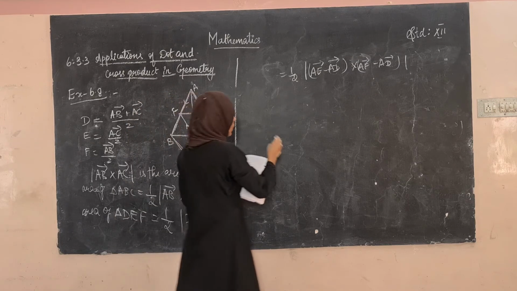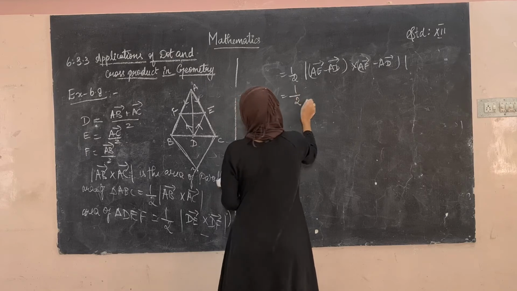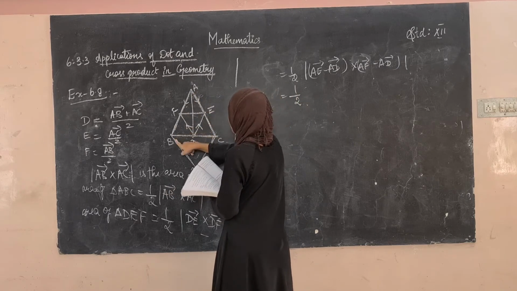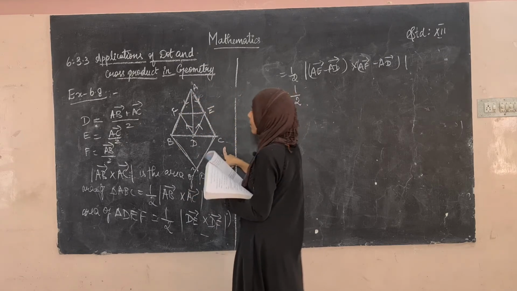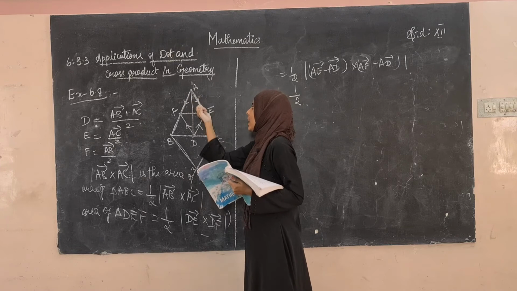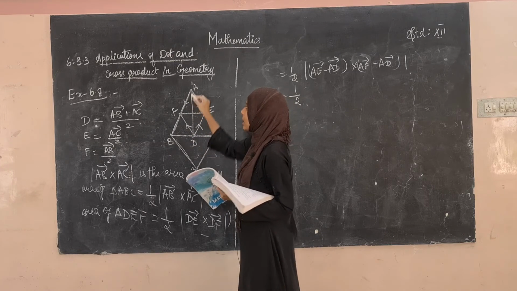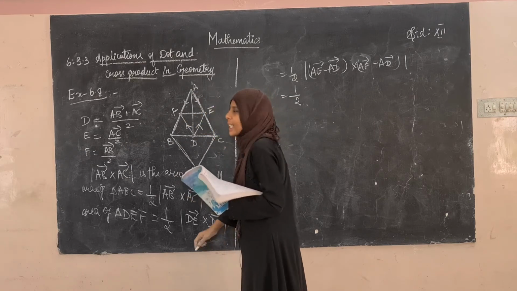Okay, so you have to cross multiply this. Before that, what is AE minus AD? AE minus AD can be written as half of AB, and similarly AF minus AD can be written as half of AC.